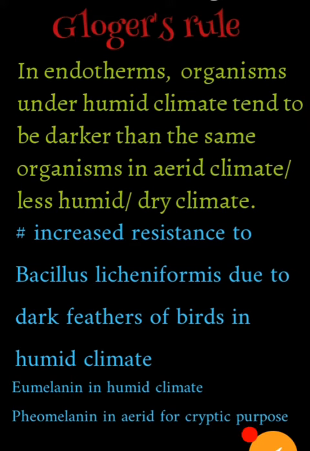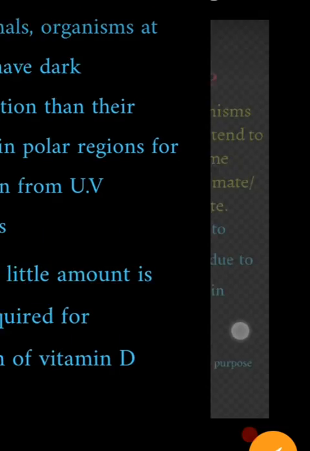These dark feathers act like resistance toward pathogenic organisms like Bacillus licheniformis. These pathogens damage the feathers of the birds, and the load of these pathogens is very high on birds in humid climatic conditions. So birds have adapted dark feathers which provide a sort of resistance to these organisms.